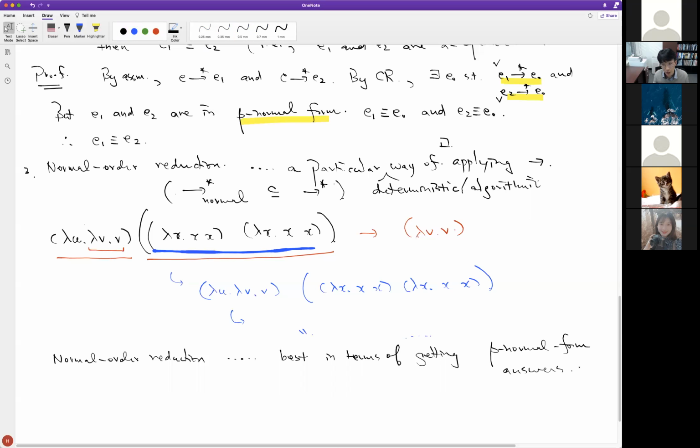It will let us avoid this non-termination as much as possible. So then what is it? It is defined like this: normal order reduction is sometimes written as leftmost and outermost reduction.